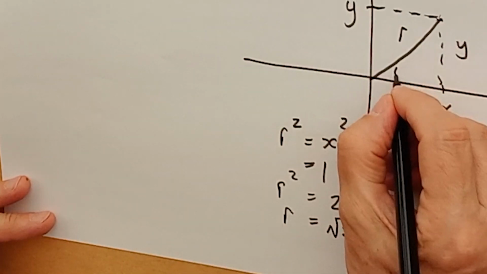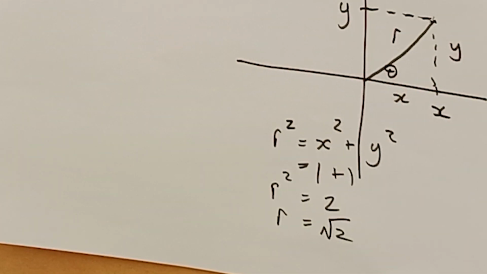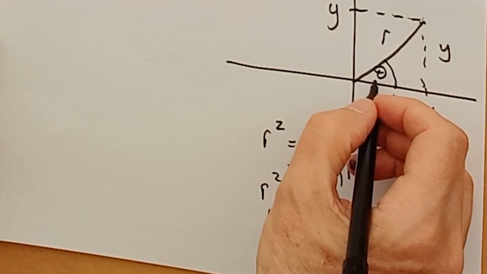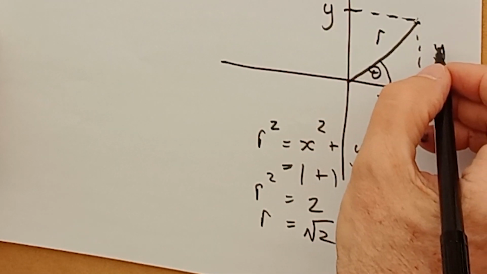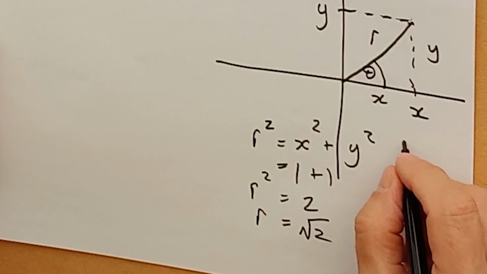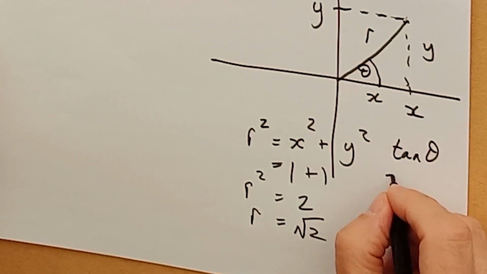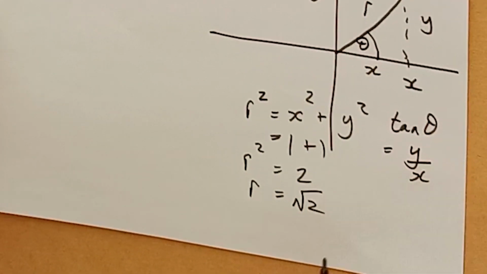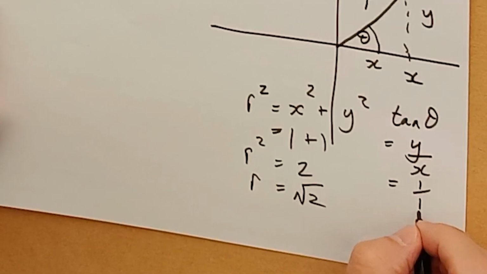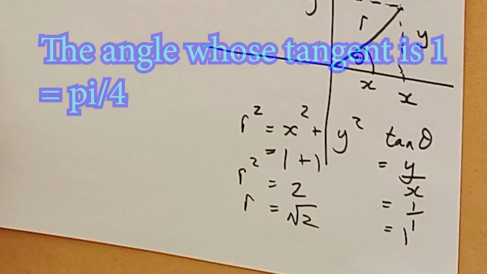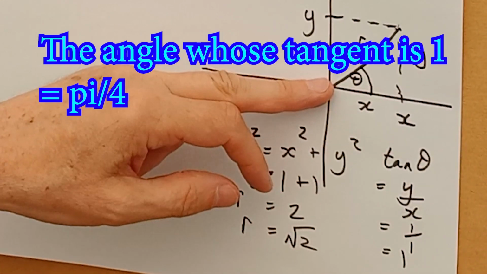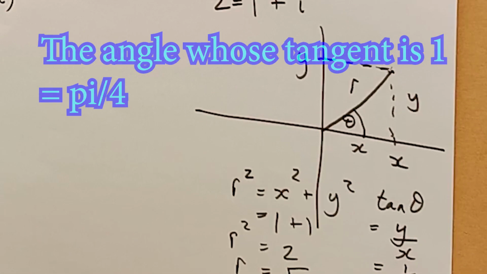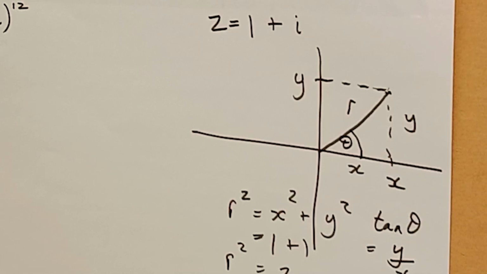And if this angle, we call this angle theta, and tan theta, opposite over adjacent, tan theta equals y over x, which is 1 over 1, which is 1, which means that theta would be pi by 4.